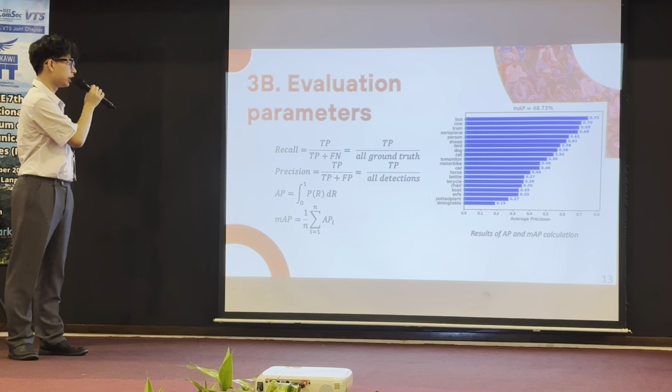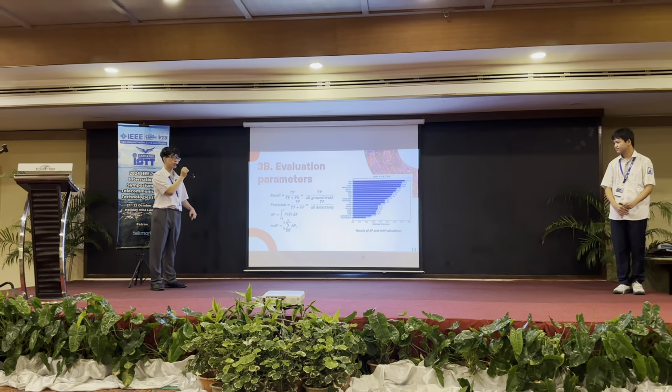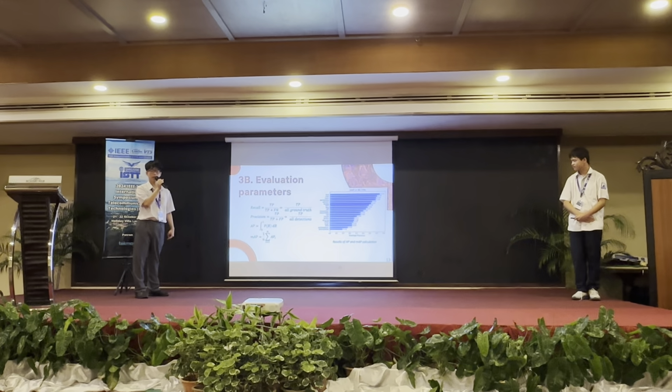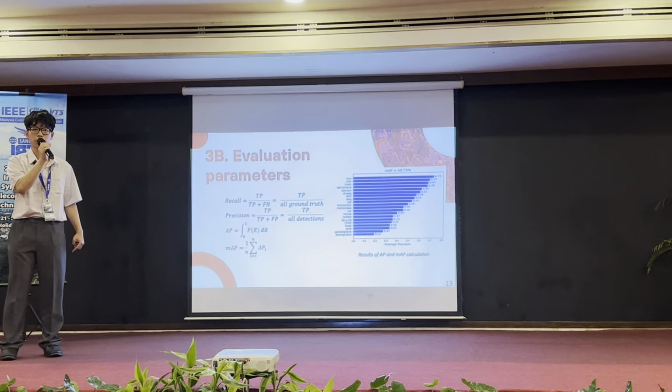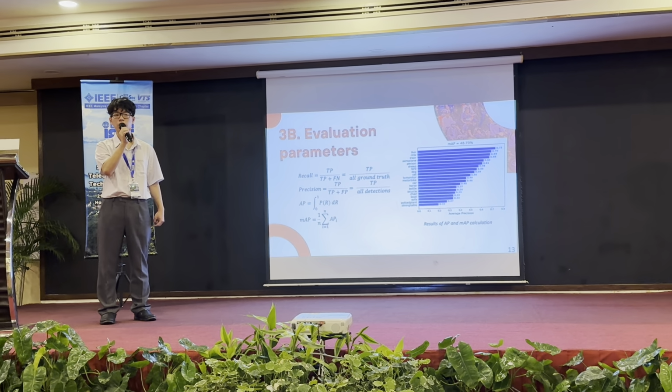Meanwhile, precision is true positive over true positive plus false positive, which is true positive, aka how many true objects were actually predicted to be so, over all predicted objects, whether they're true or false.